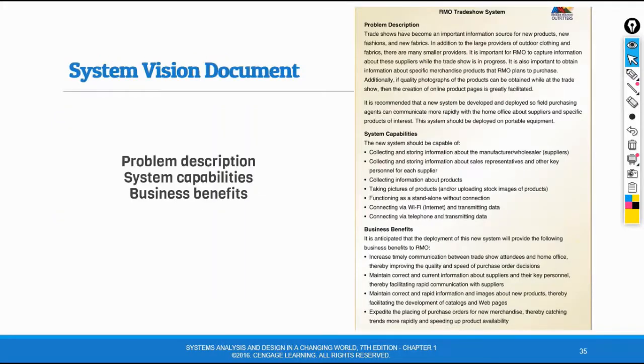As with all new projects within RMO, a system vision document is developed to identify the benefits to the company and the functional capabilities that will be included in the system. It is important that we identify the benefits to the company.